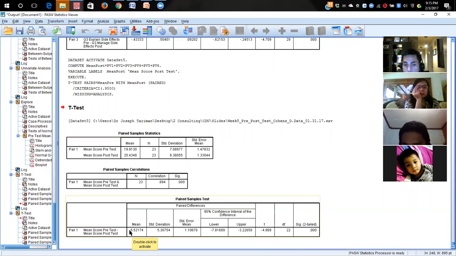The other thing here is that when you look at the mean, a negative minus 5.5 is always a good indication that your intervention really worked, because this is the mean score in the pre-test minus the mean score in the post-test. So if it's negative, it's telling you that it improved.